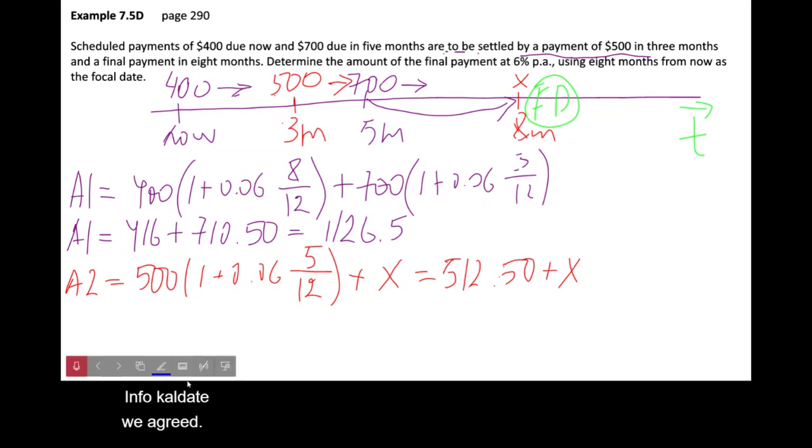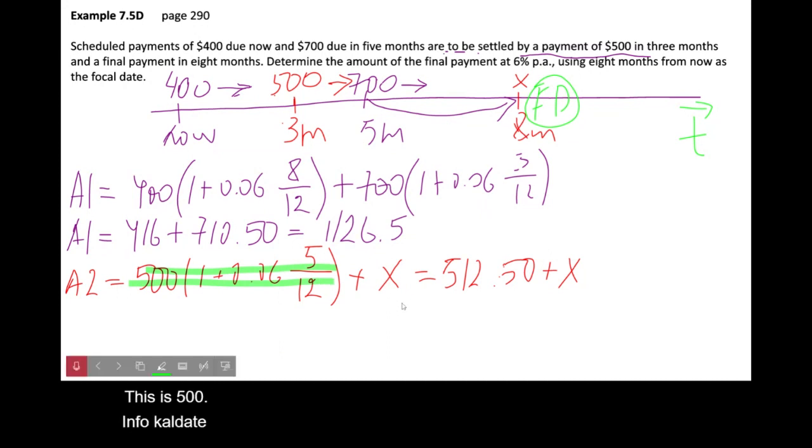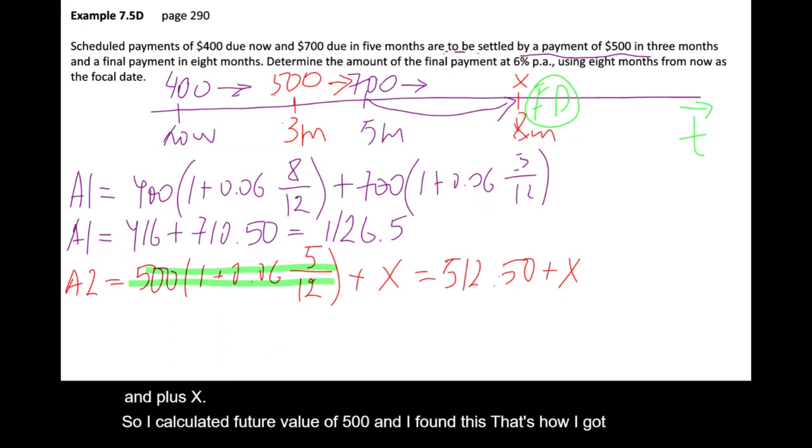Okay. So that, let me take a highlighter. This is 500 in the focal date, plus X. So I calculated the future value of 500 and I found this. That's how I got this thing.